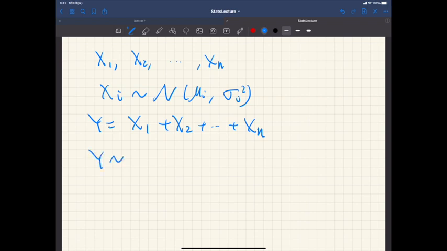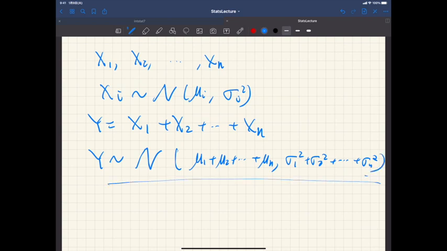Then y follows a normal distribution with mu1 plus mu2 plus and so on up to mu n, and sigma 1 squared plus sigma 2 squared plus and so on up to sigma n squared. So you can prove this by using mathematical induction.